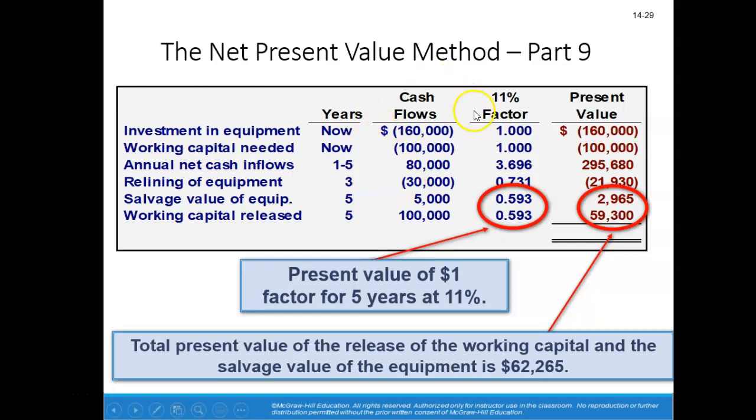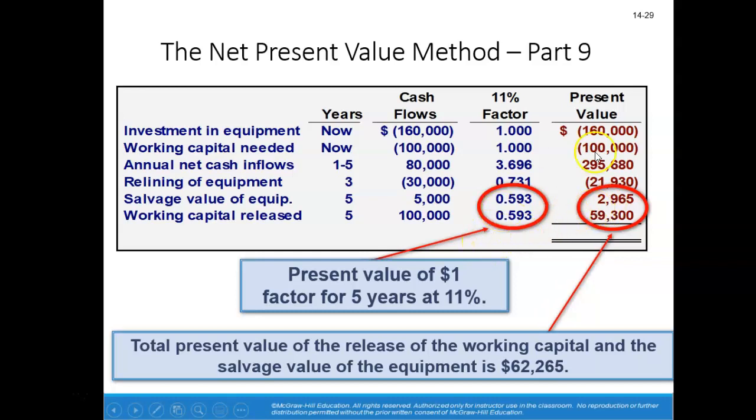Also, the working capital, once the project is over, will be released. So we'll get that money back at the end of this project. We'll get back $100,000. But once again, that's going to be 5 years later. Based upon a discount rate of 11%, the $100,000 received 5 years later is worth today $59,300.